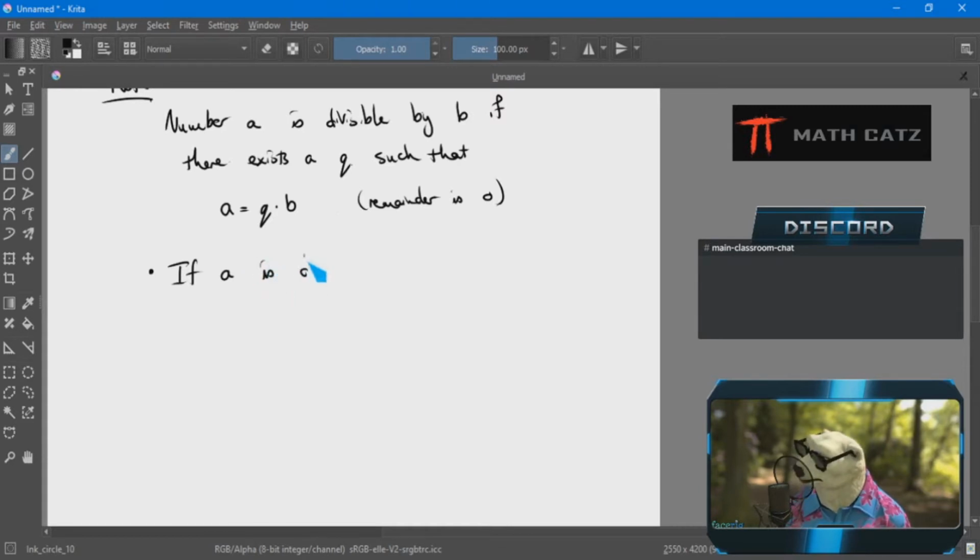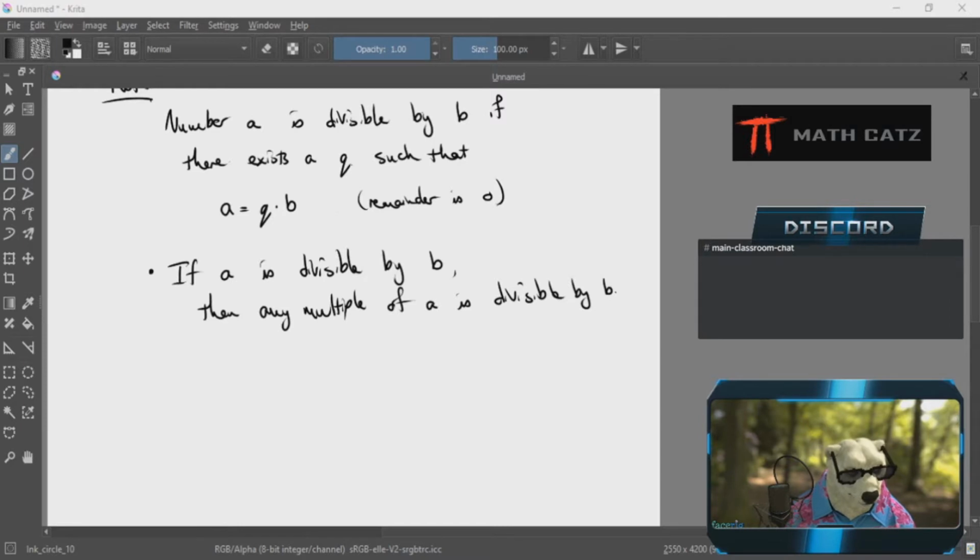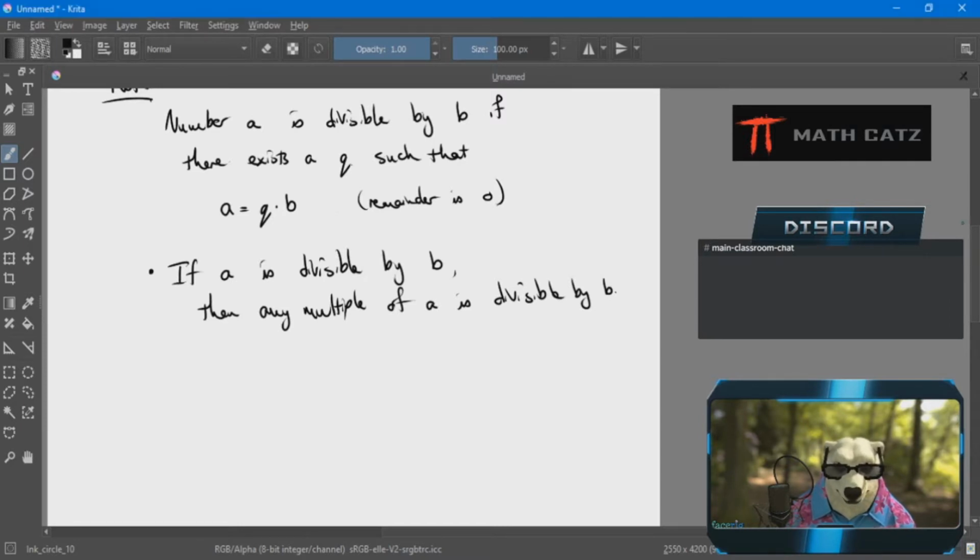If A is divisible by some other number B, I think of A as my big one, B as my small one, then any multiple of A is also going to be divisible by B. Now that's not a terribly hard property to be convinced of, because some examples will probably defend it sufficiently, even though that's not a proof.